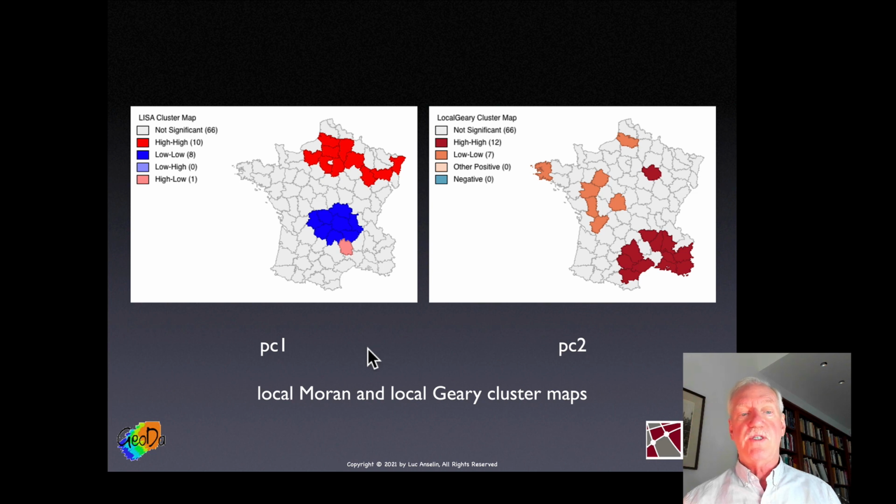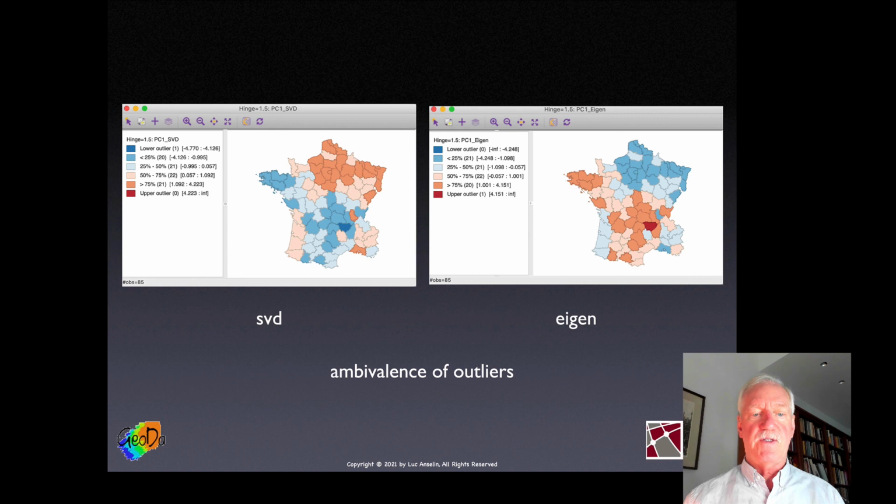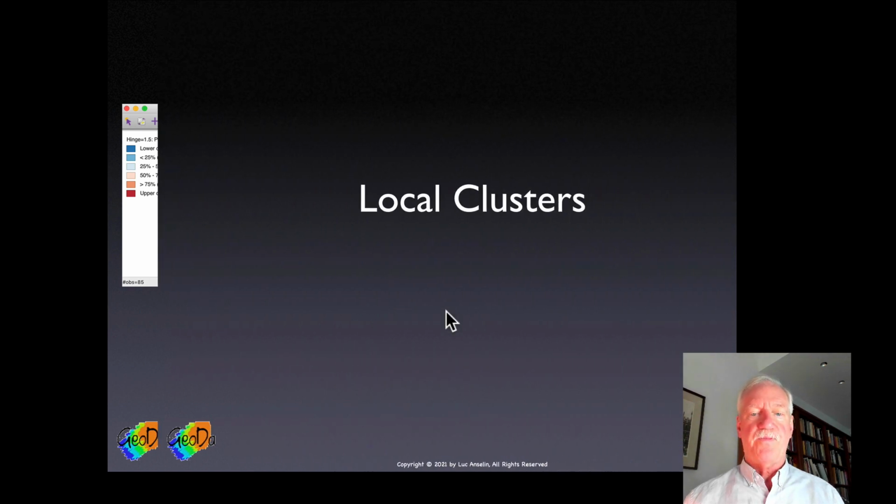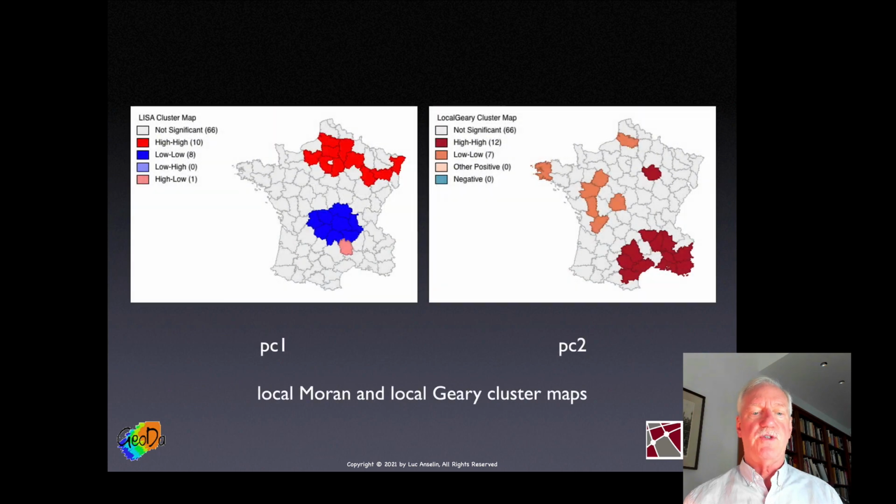Now, what does this mean? I mean, see, the spatial outlier here is this outlier and this outlier. So the local clusters, they do depend on the sign. So what is high here will be low in the other method, but they will be the same clusters.